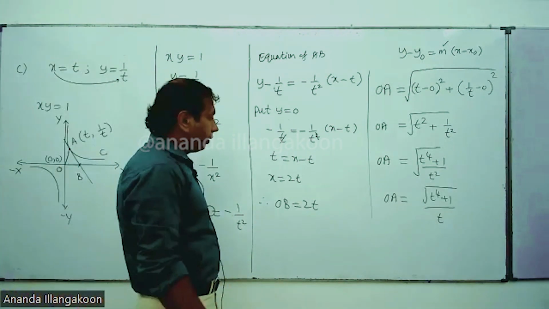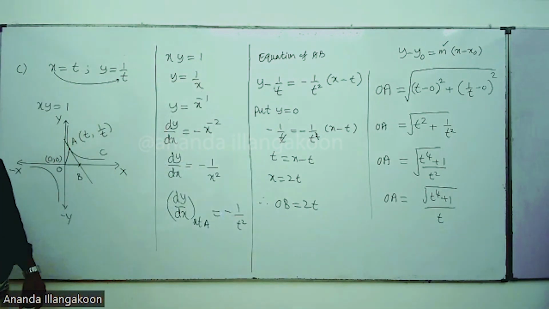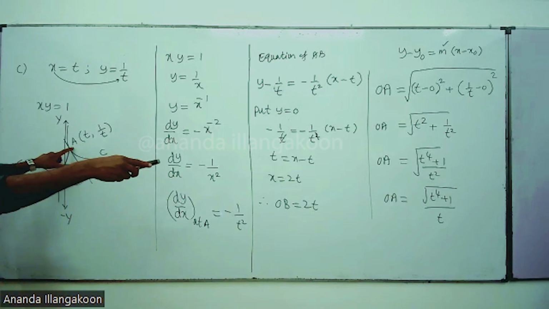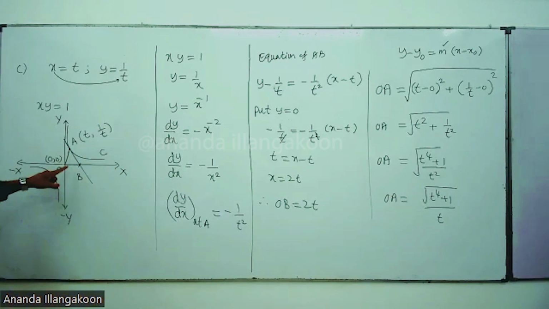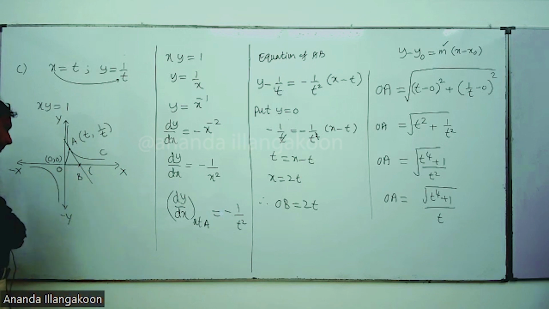Here, what are we asked to find? OA equals AB, no? OA we found there. Now we have to find AB, not OB, no? So what are the coordinates of this point B?